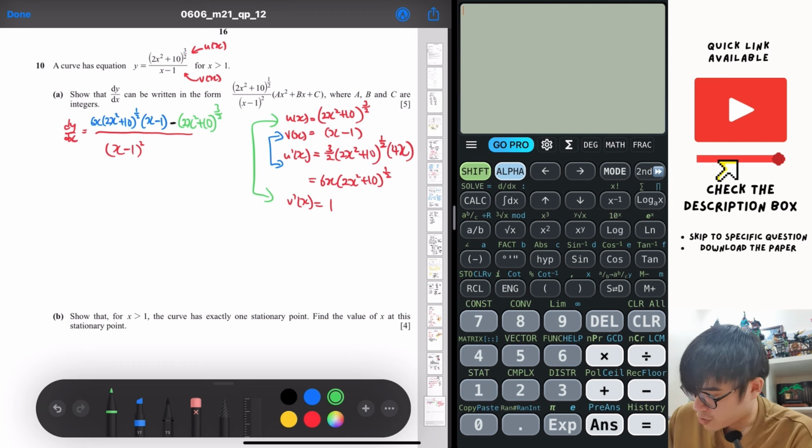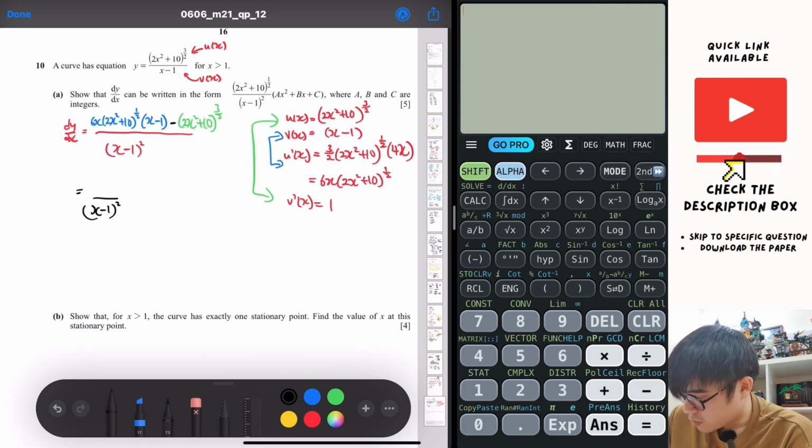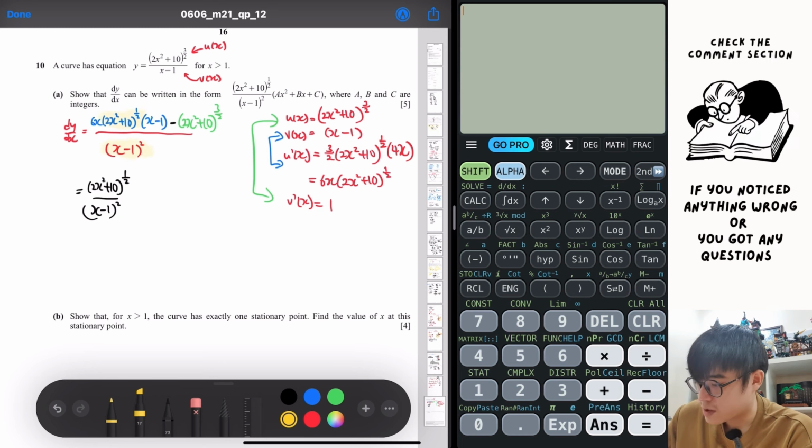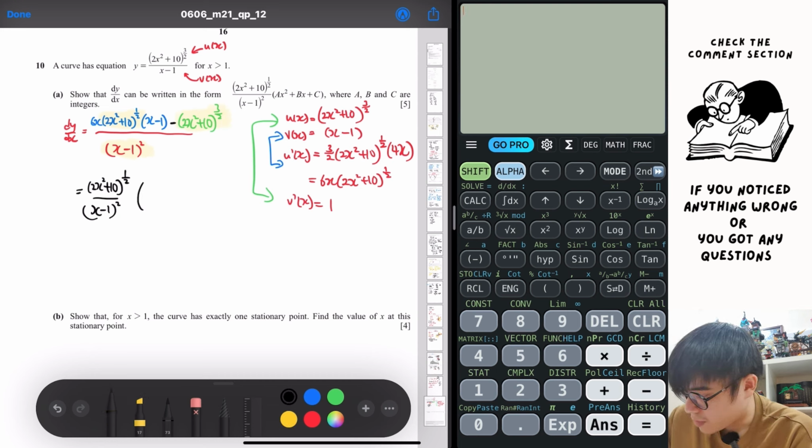To fulfill the question requirement, they want us to extract x minus 1 squared out of it. Same goes to this plus 10 to the power of 1/2. So this thing here, this one, and this is basically adjusted. So the balance inside the bracket will be your 6x and then x minus 1, as well as your 2x squared plus 10.